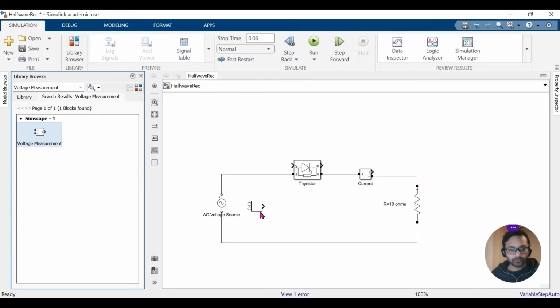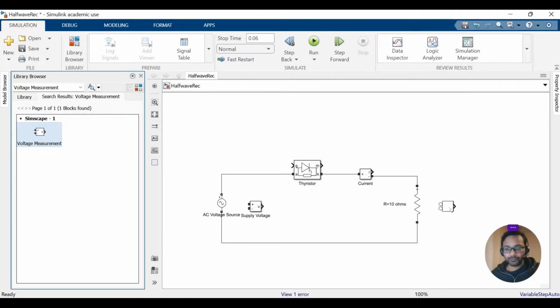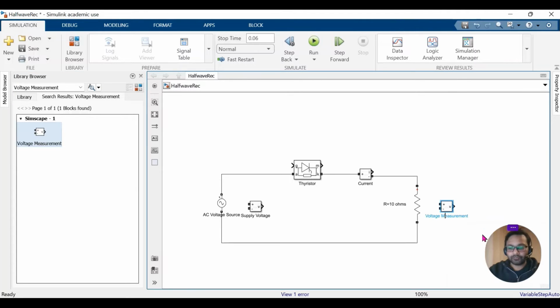One voltage measurement I'll be using here, and I can call it supply voltage, and the other one I'll be using here. So that will be my load voltage. Okay, so I can connect it something like that.